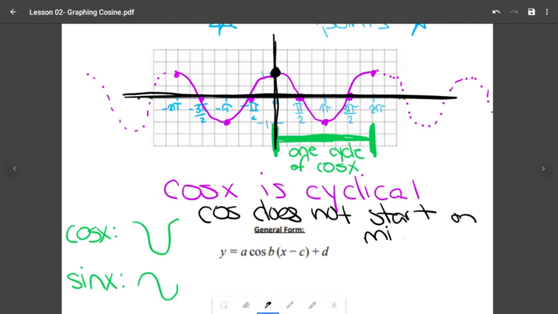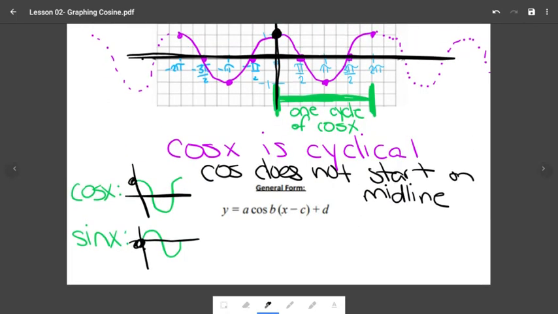Cosine will never start on the midline, whereas if you go back and re-look at the lesson from last Monday, I said sine always starts on the midline. So if I did draw in my midline here, sine would be starting on it, whereas cosine starts off of it. So that is important to know.